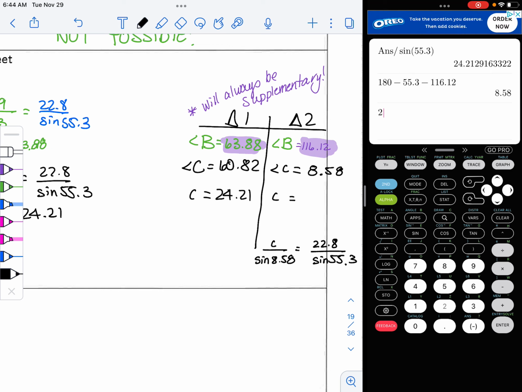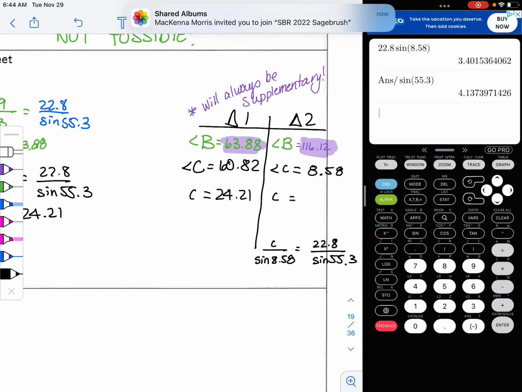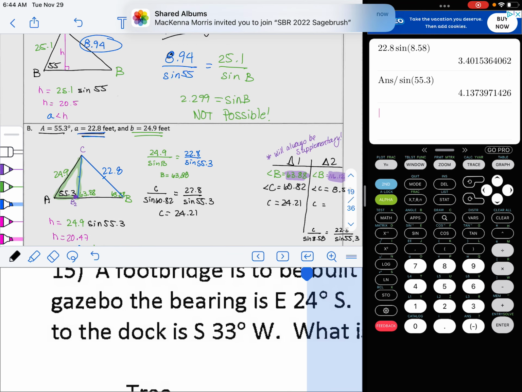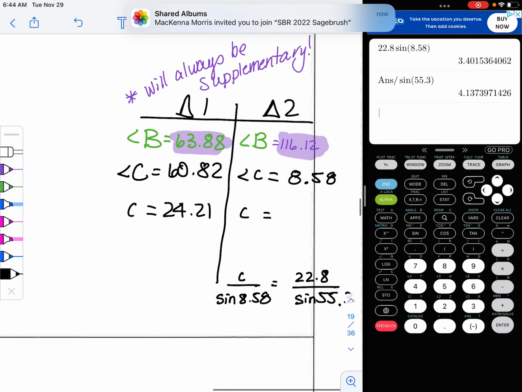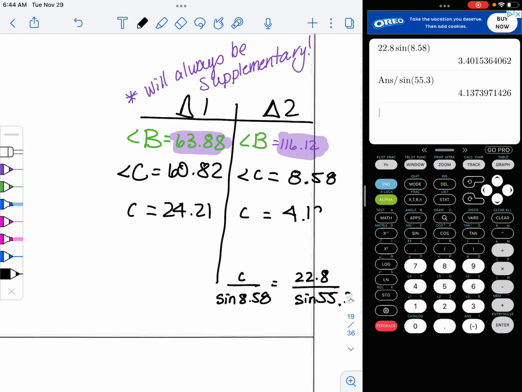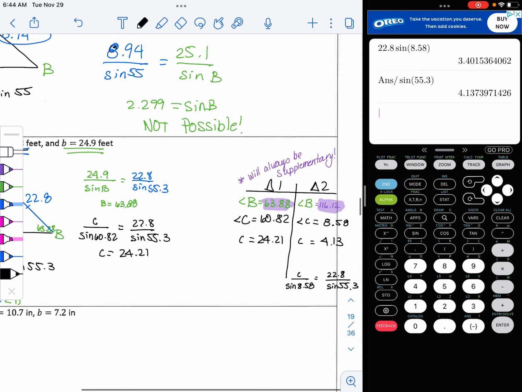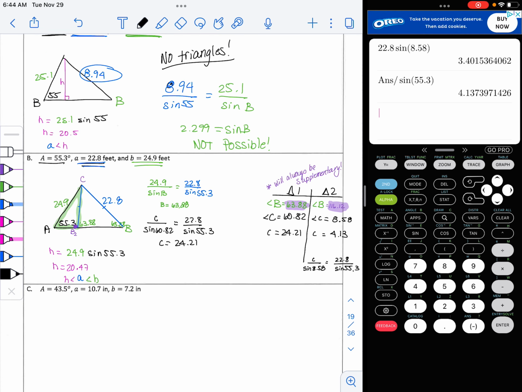Do my cross multiplication, 22.8 times the sine of 8.58. Divide that by the sine of 55.3, and I get side C is 4.13. Awesome. So I have all my information, all of my angles, all of my sides for both triangles.